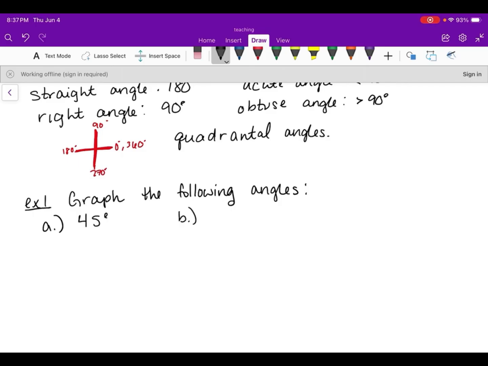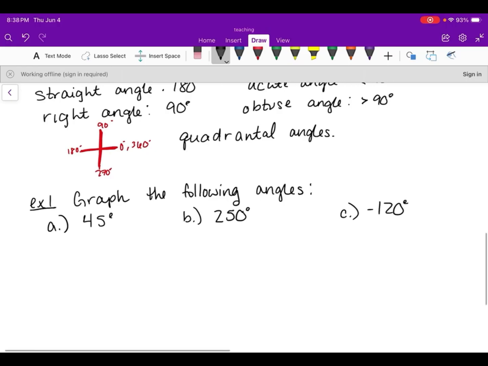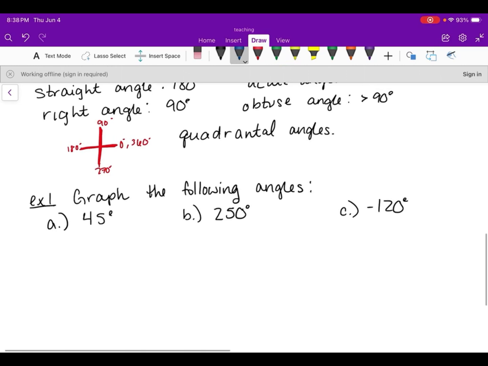Part B, let's do 250 degrees. And then C, let's do a negative angle. Let's do negative 120 degrees. Sorry, I had to kind of think about it a little bit, what I wanted to do with these.